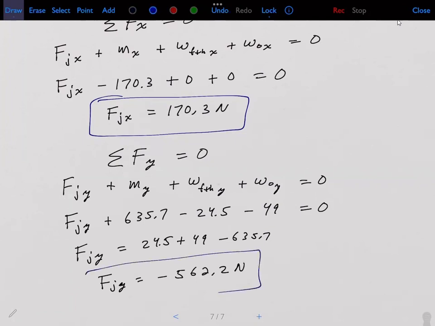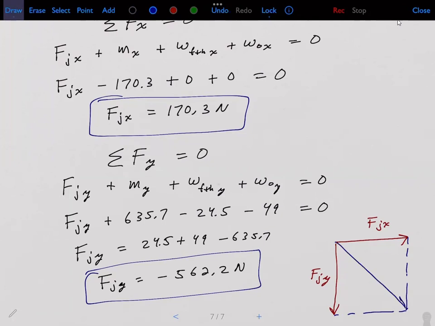Great. So all this is telling us is that the X component was positive, right? So FJX is positive like this. And then FJY is negative. So the actual vector of that joint reaction force was actually like in the fourth quadrant. It's going down like this. That would be FJ, the vector FJ. Okay.